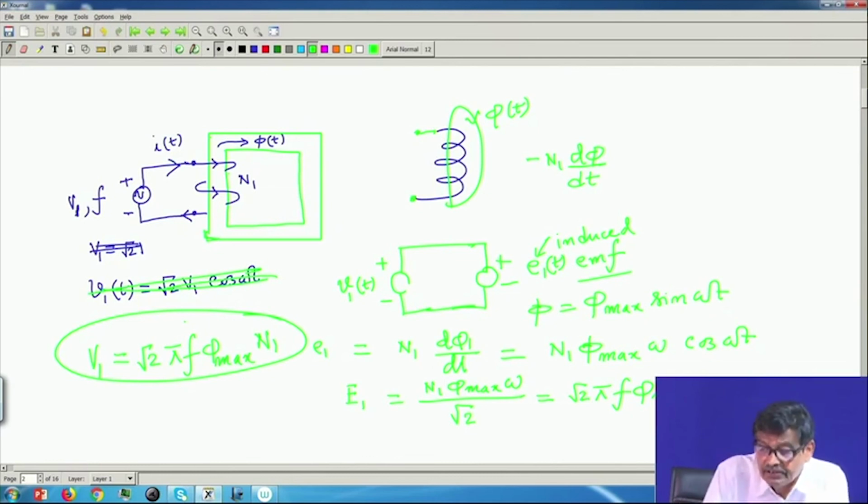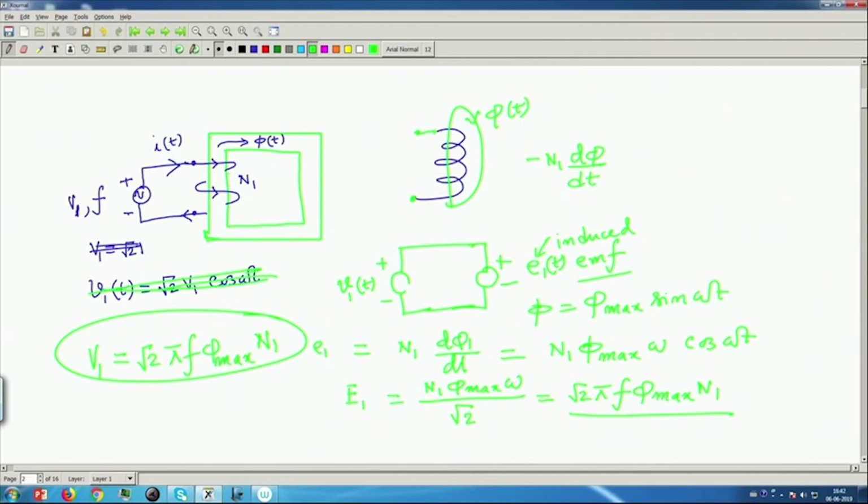And if this flux varies sinusoidally, then Faraday tells us that across these 2 points there will be an induced voltage. What is the magnitude of this induced RMS voltage? That magnitude is root 2 pi f phi max into N 1. Applied RMS voltage is known, V 1, induced RMS voltage is known, capital E 1, and these two must be the same because KVL is to be satisfied in the primary.